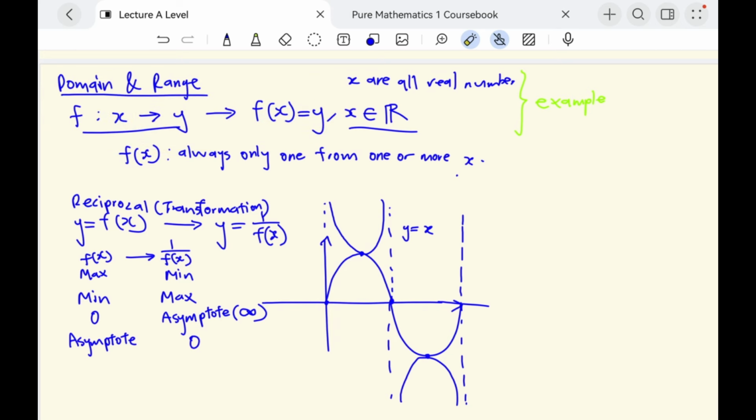Alright? And you need to read through the question carefully. Sometimes the question comes up with X subsets of the real numbers, or you may see different kinds of situations, like let's say X greater than 7, X less than 5, and X is greater than or equal to 7. Okay?